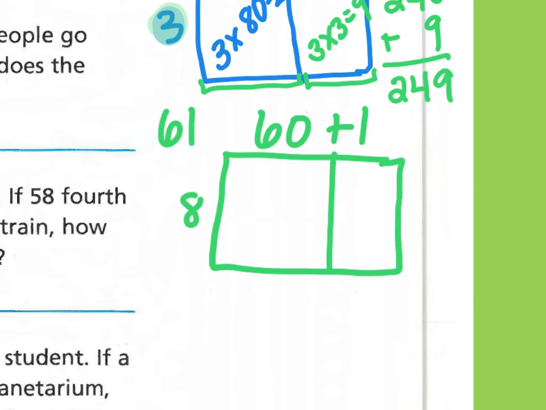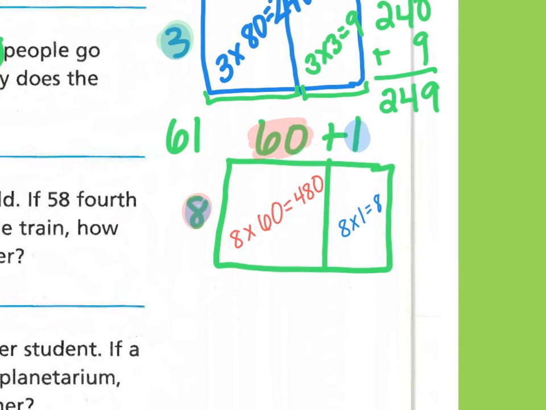Then you should have multiplied 8 times 60. 6 times 8 is 48. Then I'm going to add my 0 back in. Then you're going to move on to the 1 spot. 8 times 1. 8 times 1 is 8.